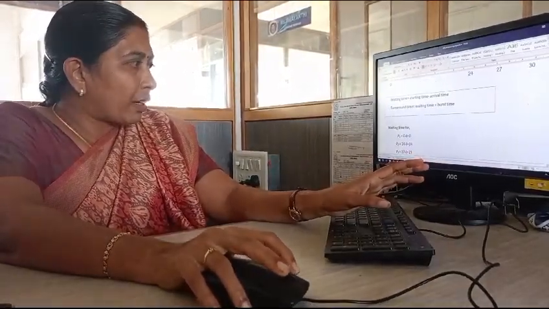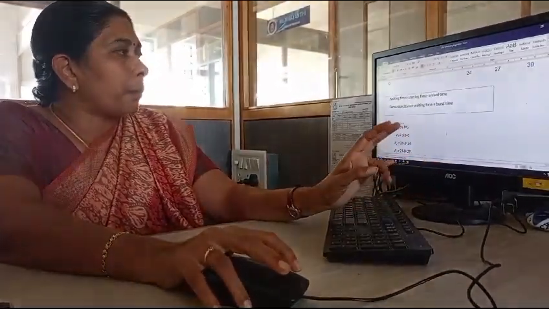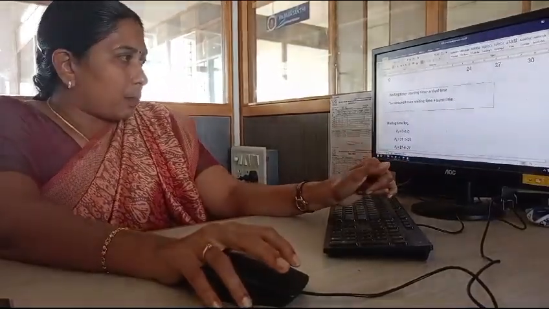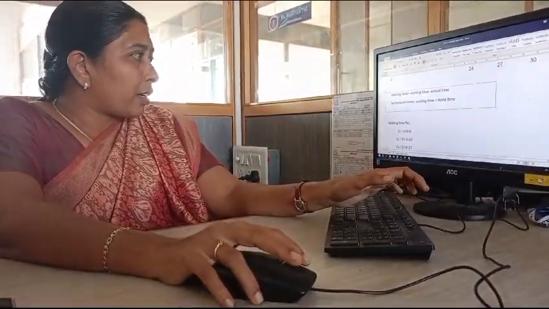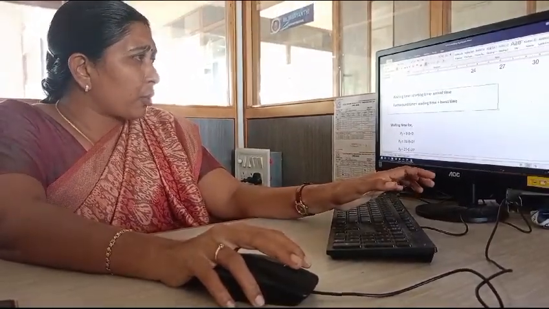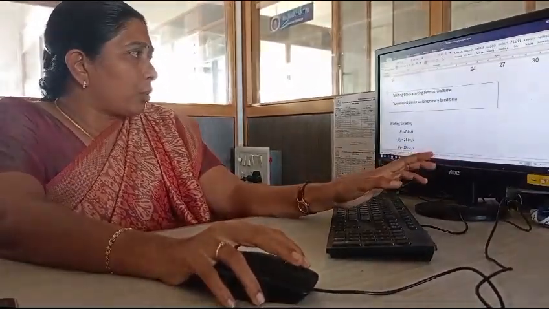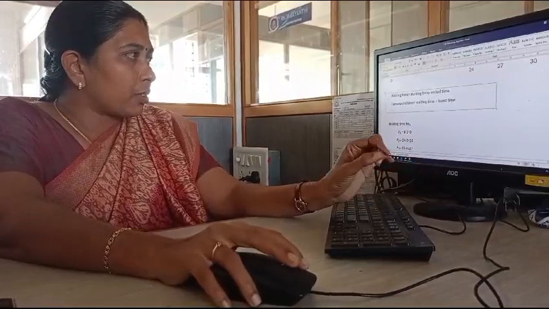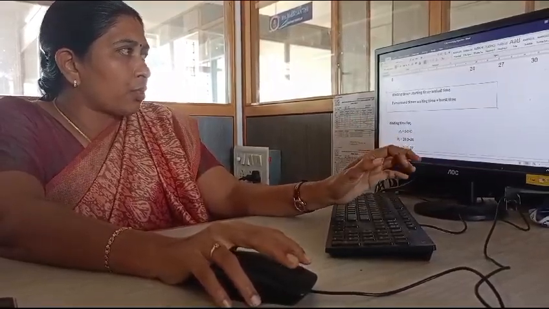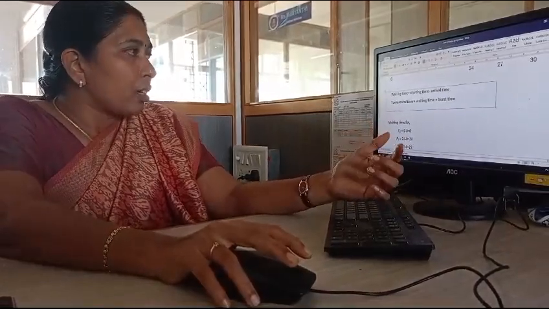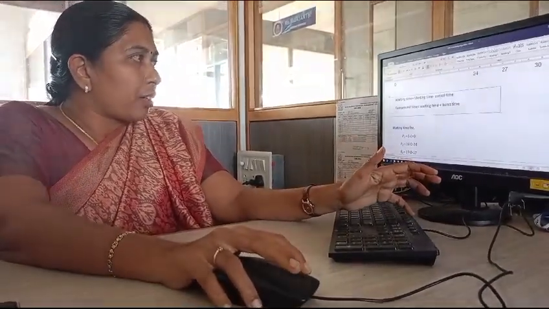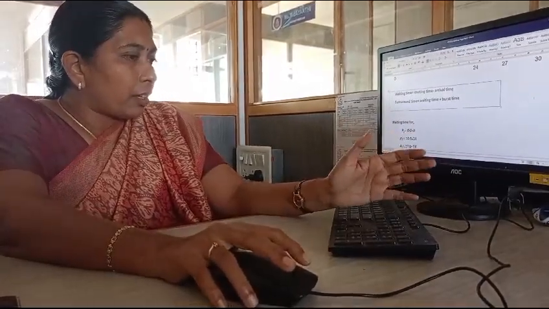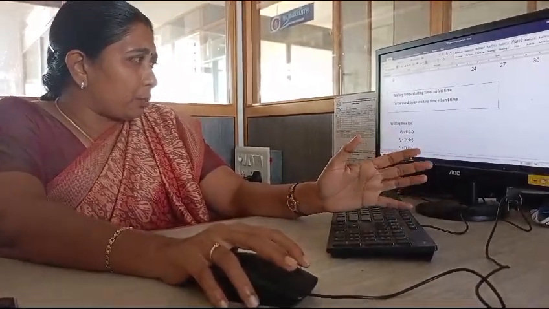We are going to calculate the waiting time, average waiting time, turnaround time, and average turnaround time. For calculating the waiting time, we are going to use this formula: starting time minus arrival time. Starting time is the time at which the process starts its execution, and arrival time is the time at which the process arrives in the ready queue.